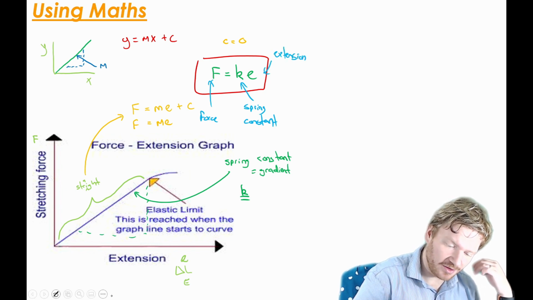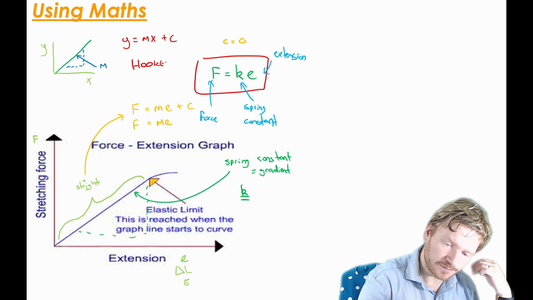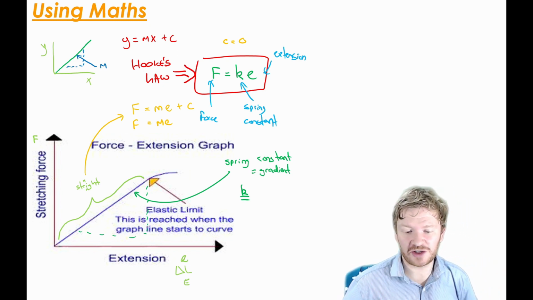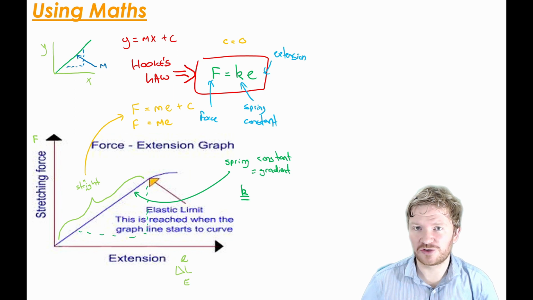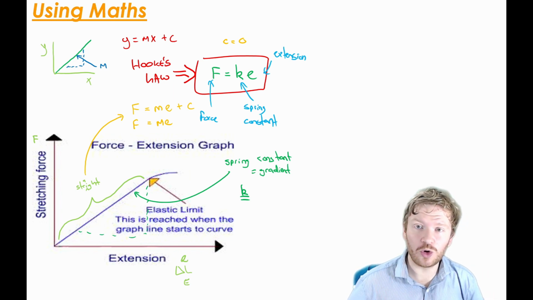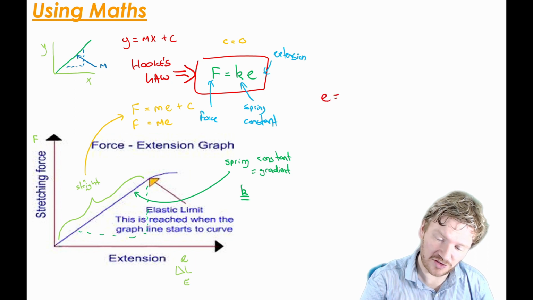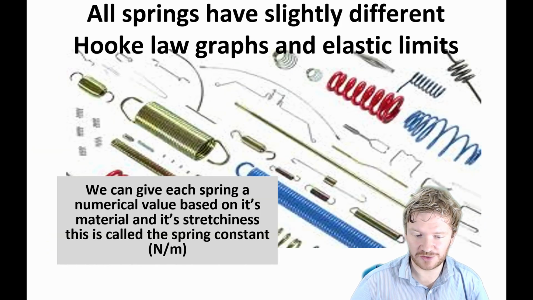Now taken together, this has an important name. This is called Hooke's law. And it tells us that the force on an object is equal to its spring constant multiplied by its extension, or we can say that if we want to know how much something is going to extend, the extension of a spring is equal to the force acting on it divided by its spring constant.